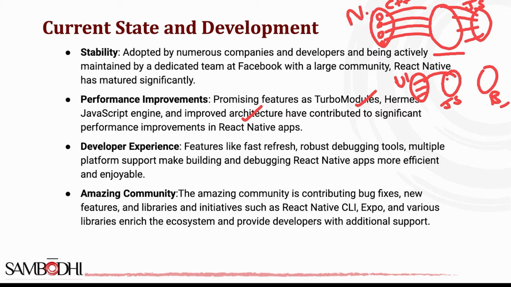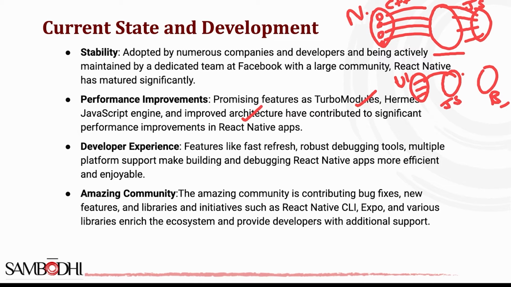So there have been optimizations in the UI thread also, which have improved the quality and performance of React Native applications. Techniques such as optimizing rendering logic, reducing unnecessary re-renders of components, and using virtualized lists have been employed to improve the UI thread performance.